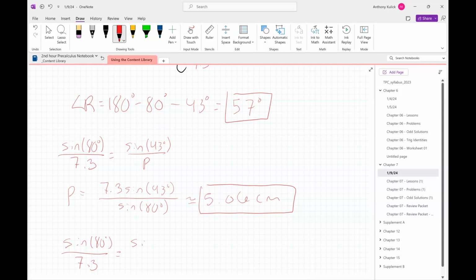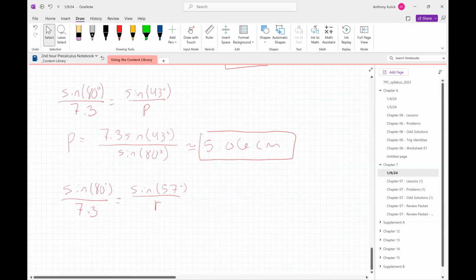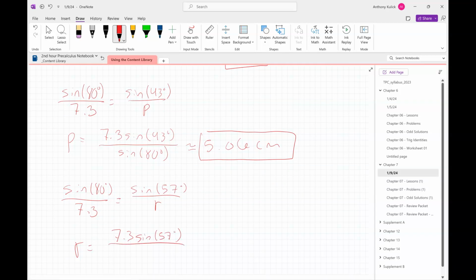And then we have this over angle R, which was 57, over side R. And again, we cross multiply and divide. And that gives us 6.22-ish.